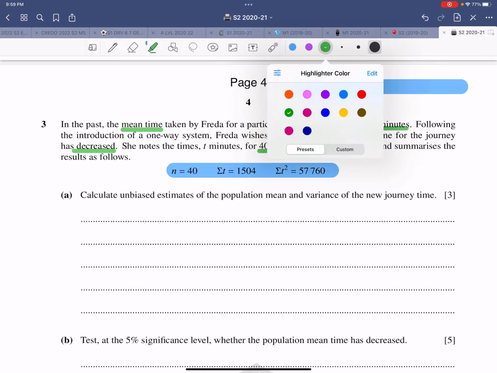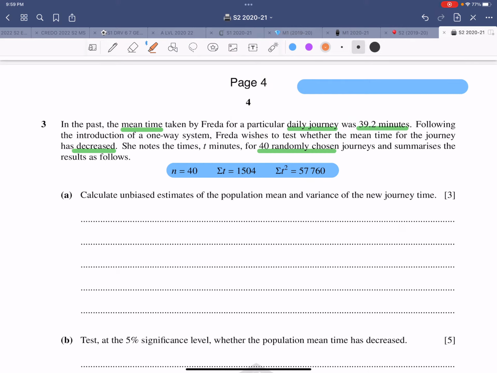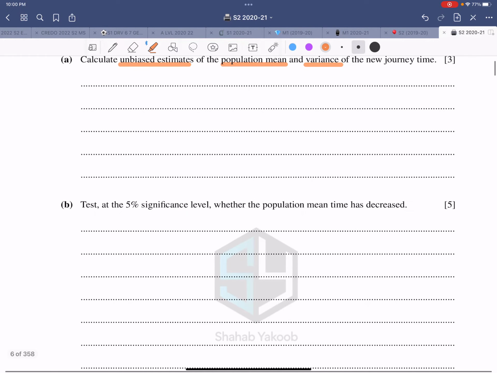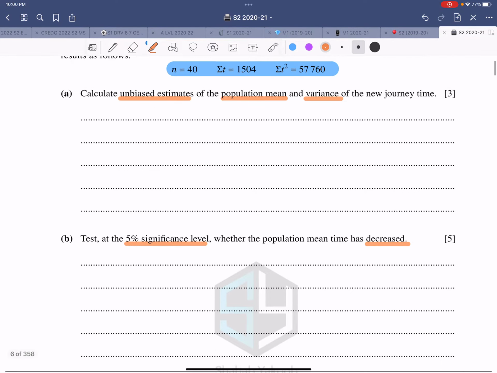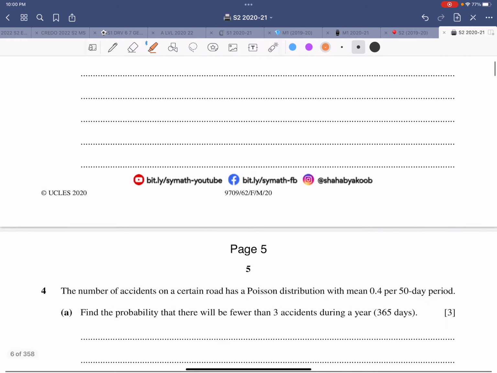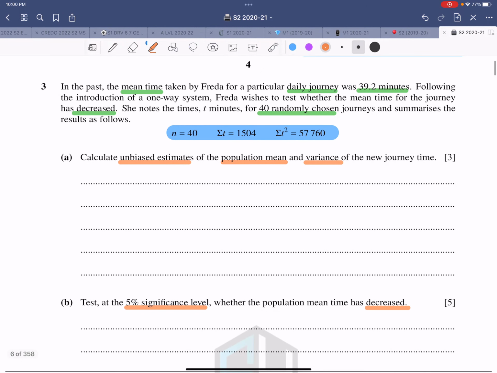The very first thing they are asking is the unbiased estimate of population mean and unbiased estimate of population variance. That's the first part. Then it says test at the 5% significance level whether the population mean time has decreased, for another 5 marks. So altogether it's an 8 mark question.